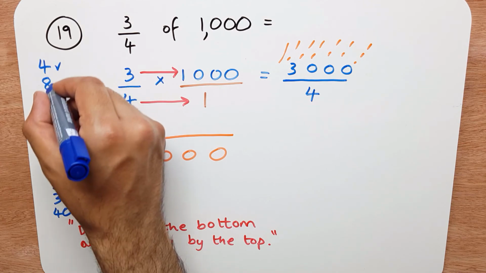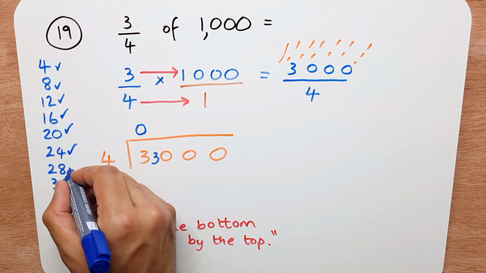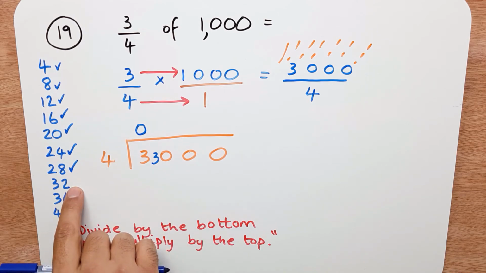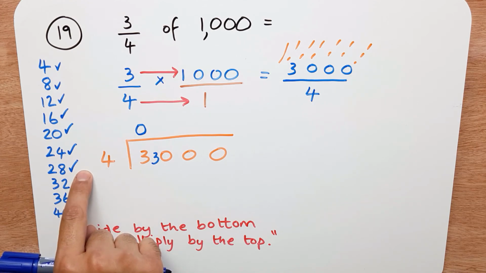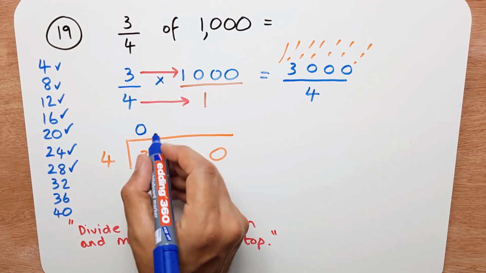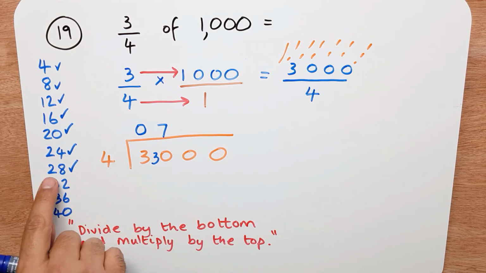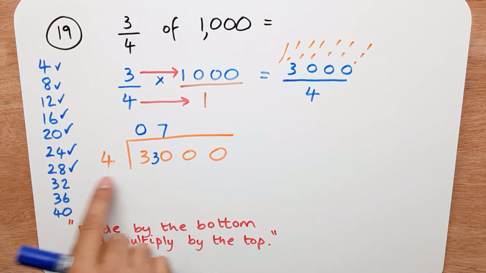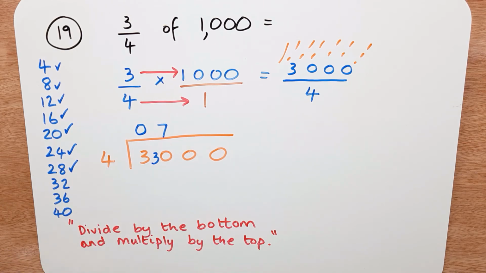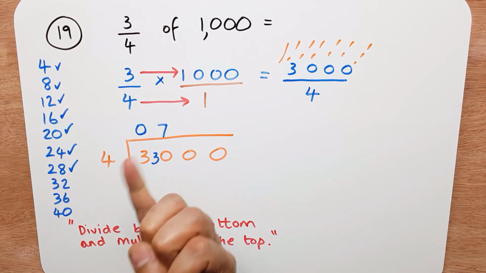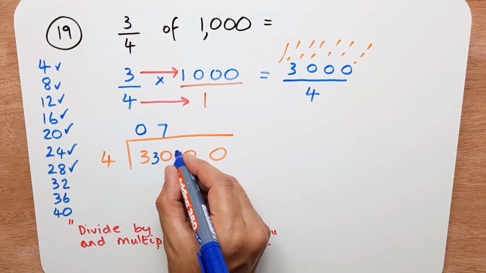So we count 1, 2, 3, 4, 5, 6, 7, and that's it. 32 is too big, so we've got 7 4s. How many 4s are there in 30? 7. Now what's the remainder? We've used 28 and we had 30, so we count up: 28 in my head, 29, 30, that's 2. So we carry the 2 over.